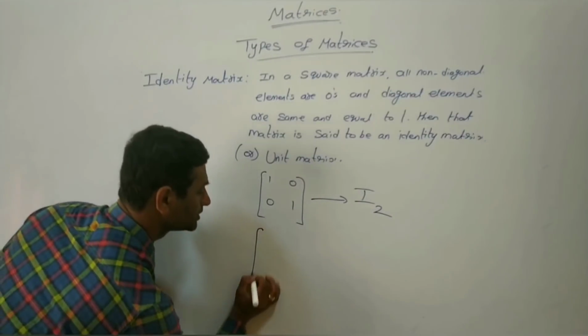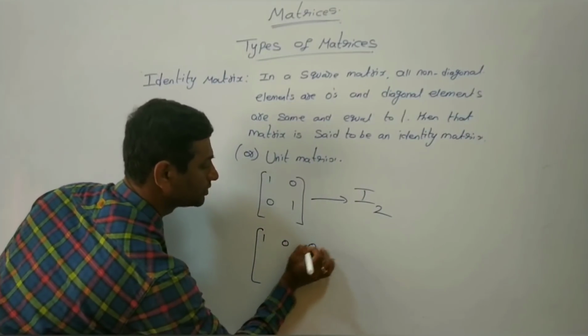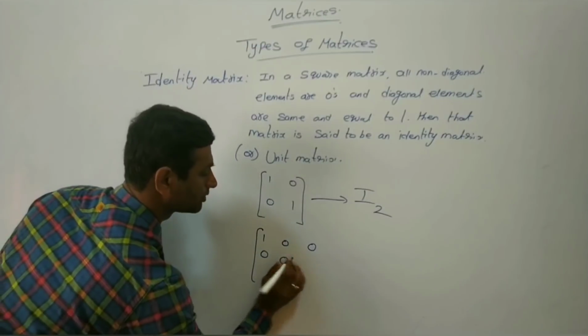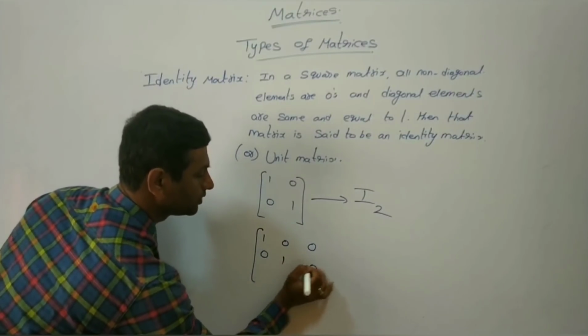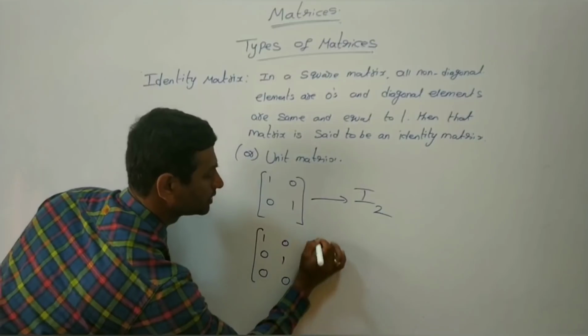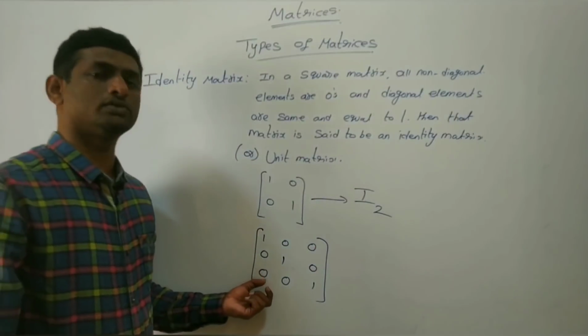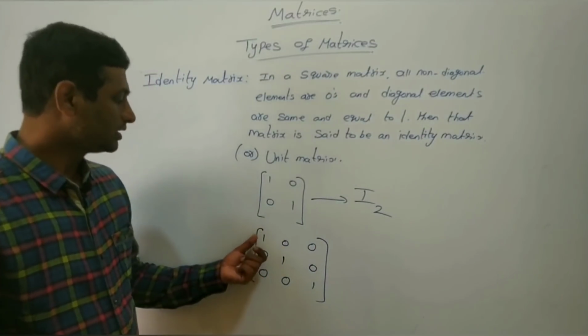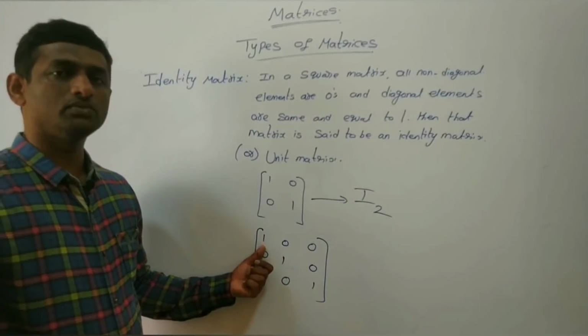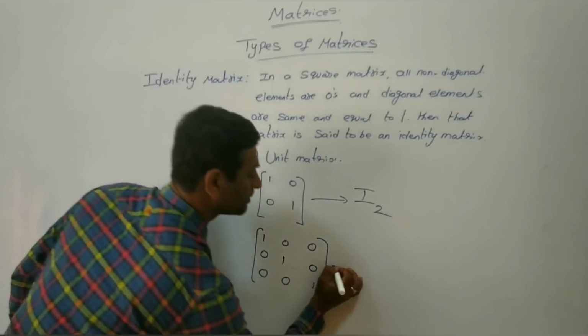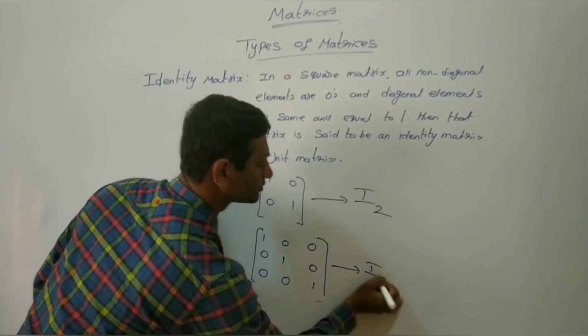We will see one more example. 1 0 0, 0 1 0, 0 0 1. It is a square matrix of order 3 and all diagonal elements are the same, equal to 1. So it is represented by I3.